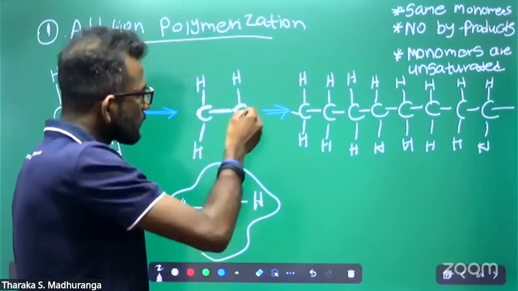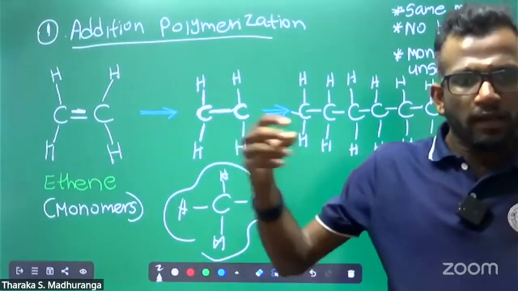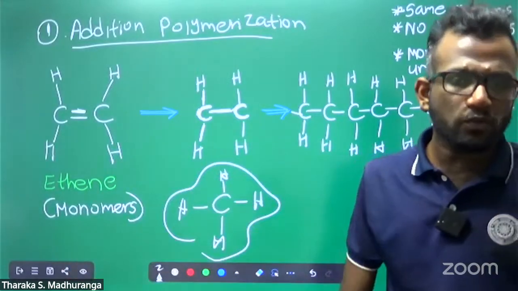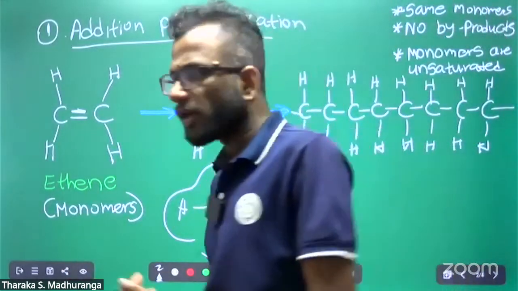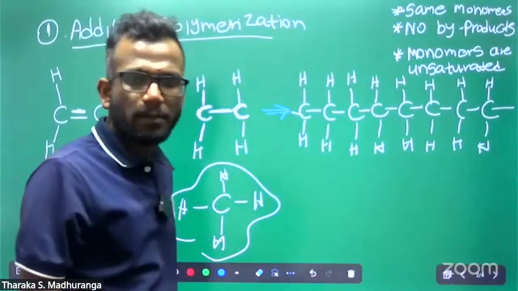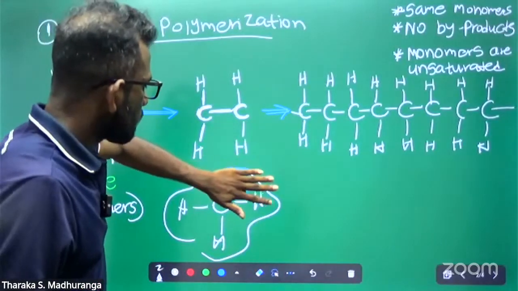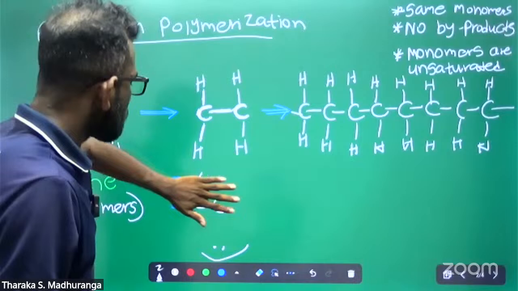Now it has only three bonds, therefore it always likes to combine with another molecule to stabilize. That's why it keeps combining with more and more ethene compound, then produces polyethene. That's the addition polymer method.